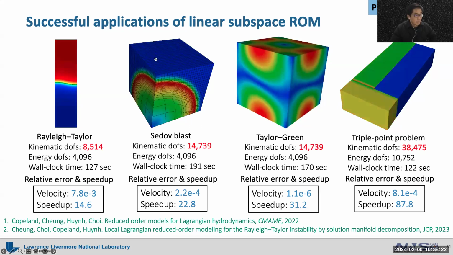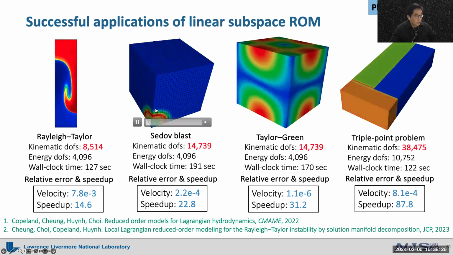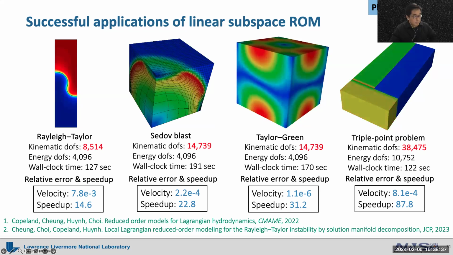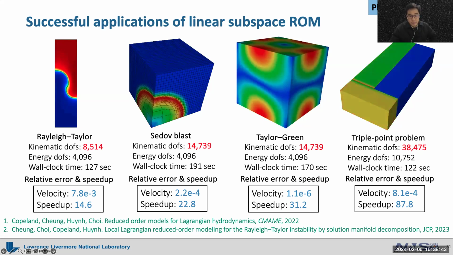And not only that, the symmetry in 3D, the shock shape, which is important to preserve, is preserved by this projection-based reduced model, which is hard to achieve using the black box data-driven approach, like the neural net type of approach.